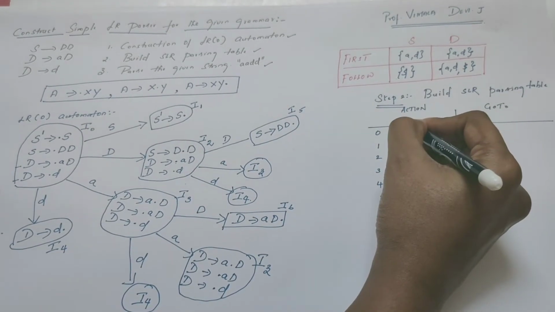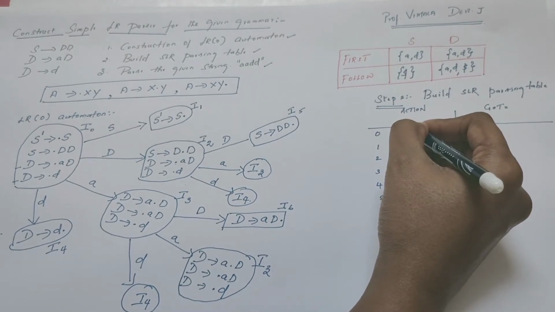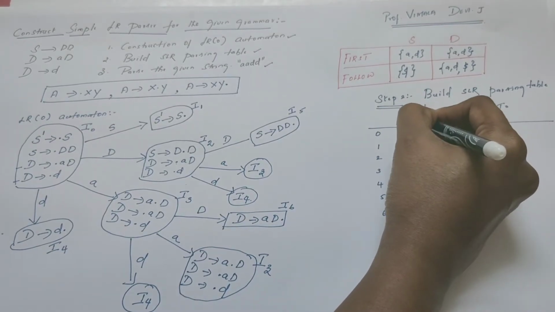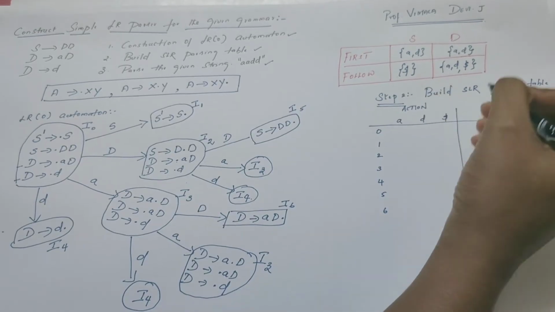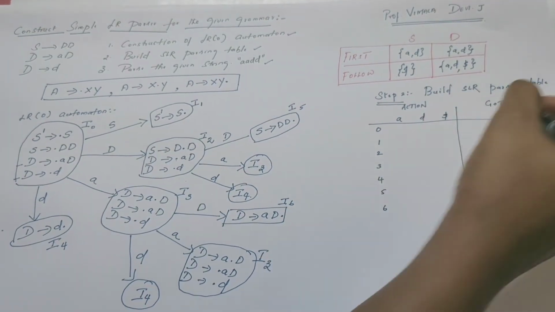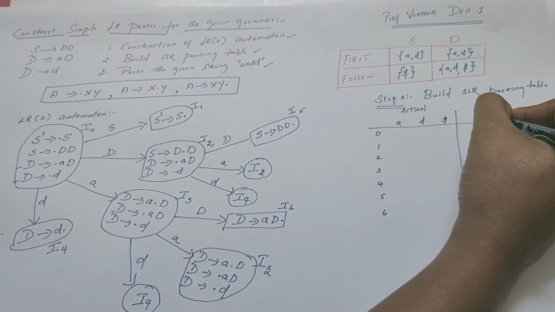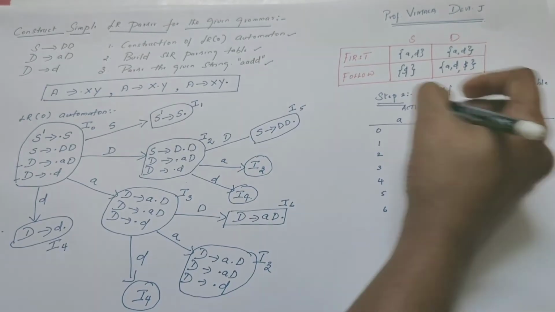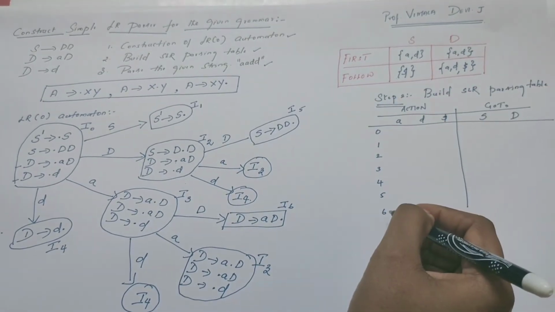In the action column, we have to consider all the terminals. What are the terminals present in the grammar? One is A, another one is D, and by default we have to include dollar, as we have done in the LL1 parser. In the go to column, we have to mention all the variables. We have 2 variables, one is S, another one is D. So this is the signature of the table.